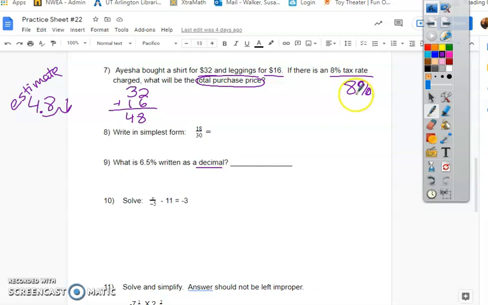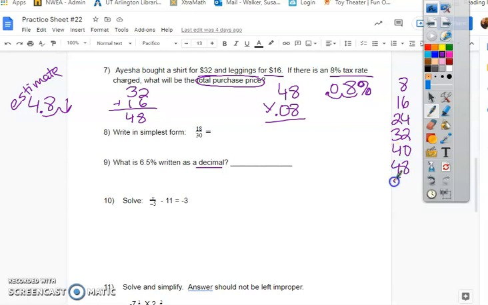So 1, 2. Please make sure it's 0.08, not 0.8. 0.8 would be 80%. So change the percent to a decimal and multiply. I'm going to multiply by my subtotal here, which is 48. And if I don't know my eighths, I just list them. Please make sure you do this.